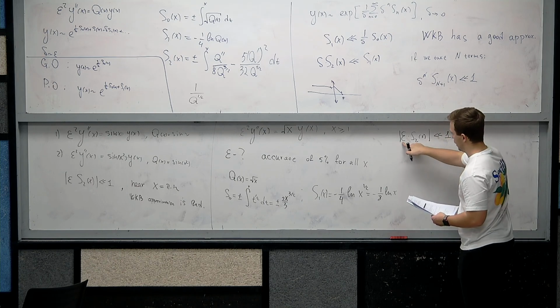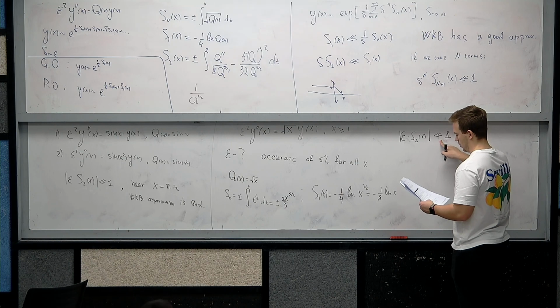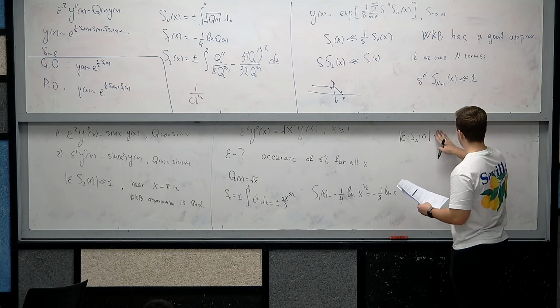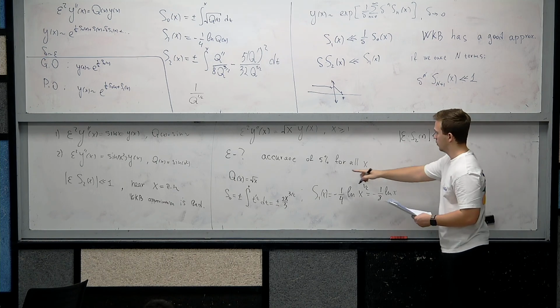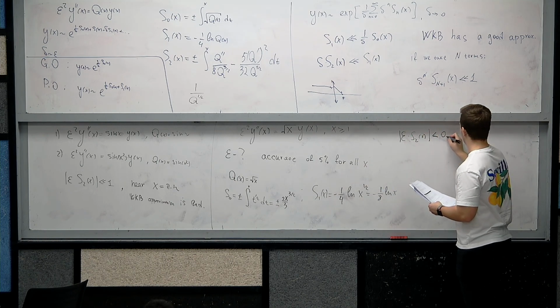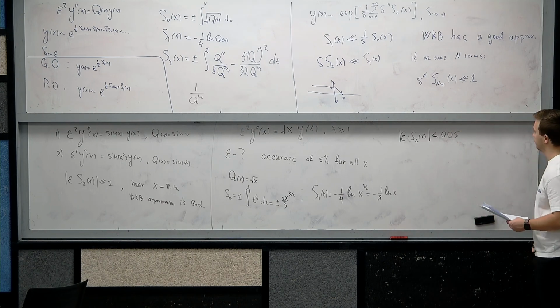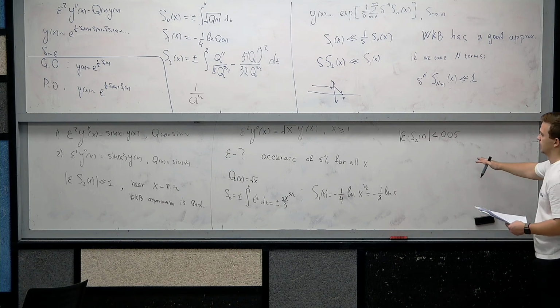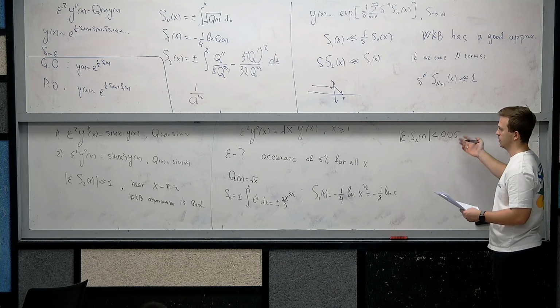So we need to find epsilon when this is true. Or yeah, it's better to write it like this: smaller than 0.05. That's actually our mistake, our accuracy.